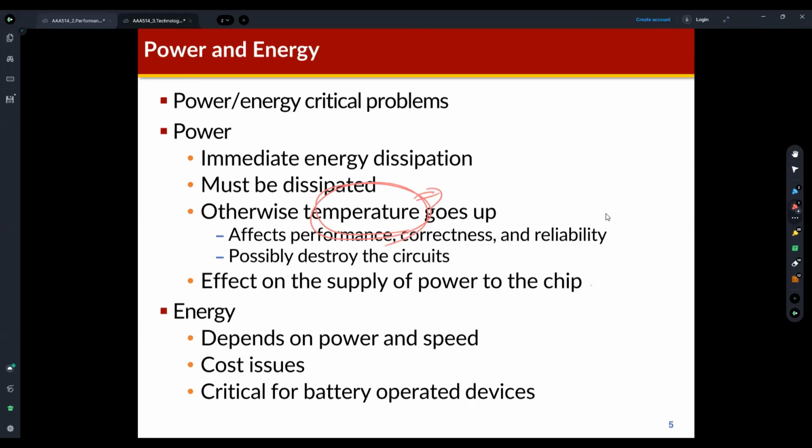Also, in order to avoid this situation, we need to reduce the power consumed by the CPU, which means we need to limit the performance of the CPU.